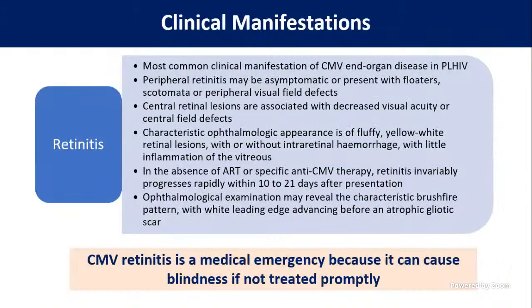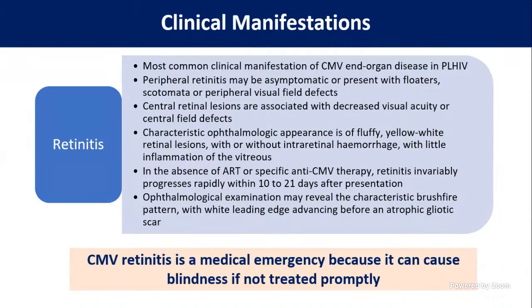So the retinitis commonly presents as a very common end organ damage in PLHIV. Peripheral retinitis, if it doesn't involve the central area of vision, may be asymptomatic because it's lying peripherally in the field of vision. It can present as scotomas or visual field defects with some floaters, but you have to test to find out the visual field defect.